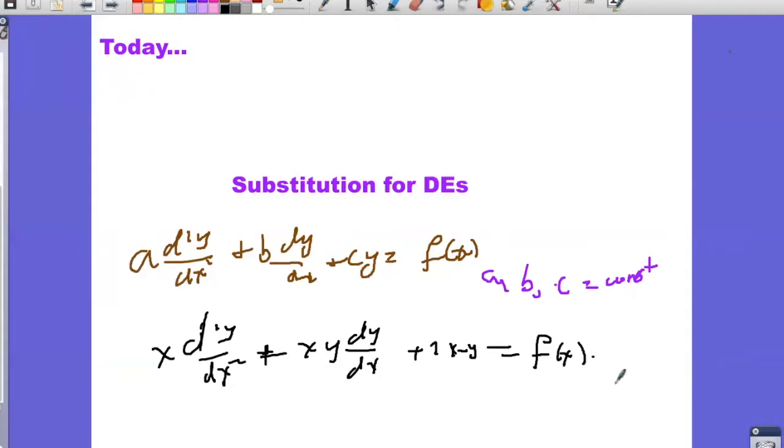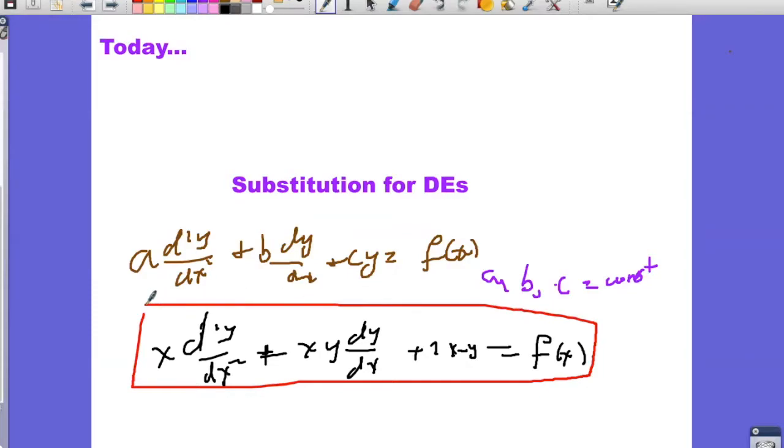We don't have a method for solving this one yet. So, substitution method. Substitution tries to transform this differential equation into this form. If we can transform it into this form, then we can solve it.